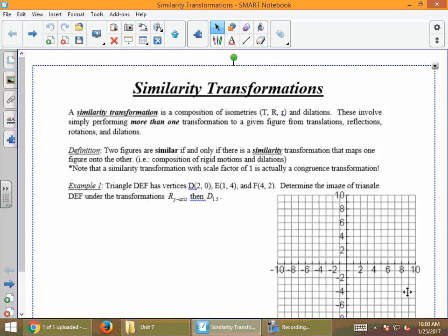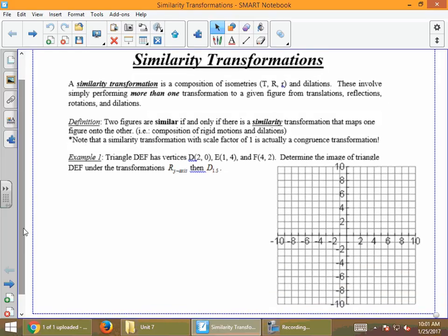That makes it a similarity transformation. Okay? So a good indicator of whether you did a congruence transformation or a similarity transformation: if you're doing a dilation at all, at any point, it's a similarity transformation. If there's no dilation, then you know it's a congruence transformation and those two figures are congruent. Okay?